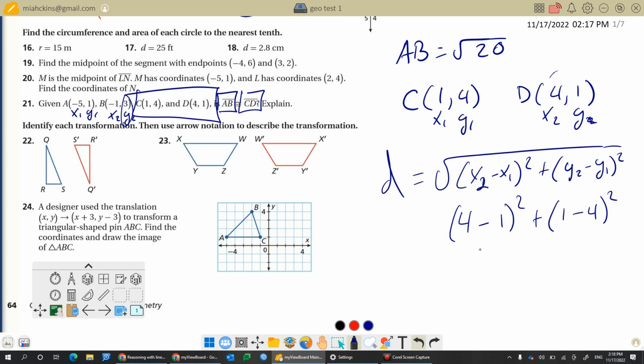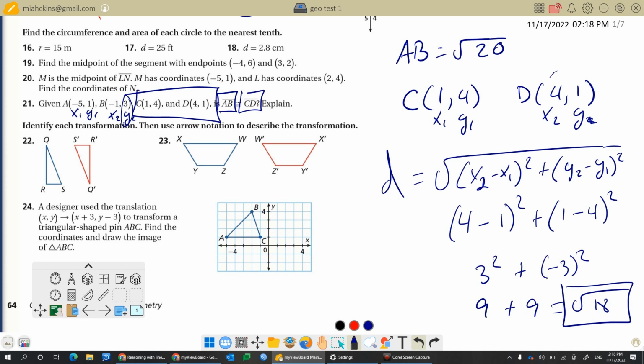So 4 minus 1 is going to be 3. So 3 squared plus 1 minus 4 is negative 3 squared. And 3 squared is 9 plus 9 is going to give us the square root of 18. And the square root of 18 is not the square root of 20. So they are not congruent because they are not the same length.